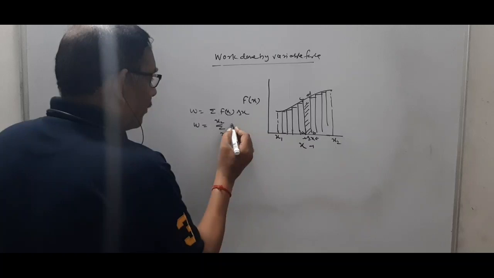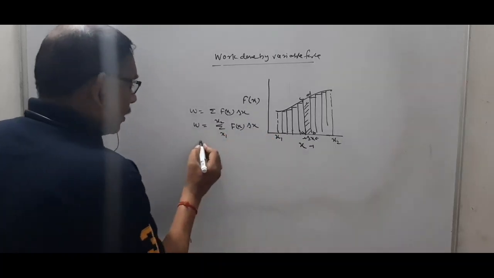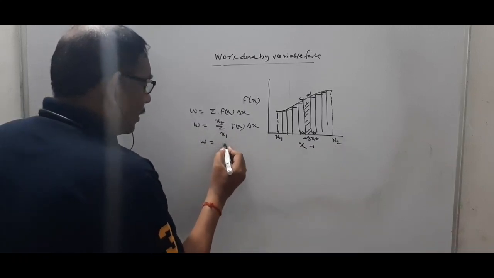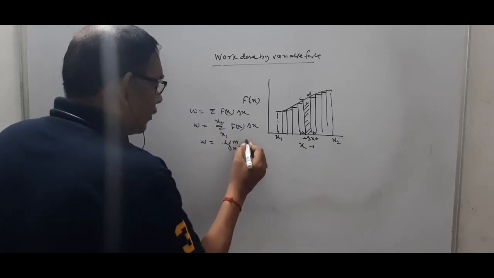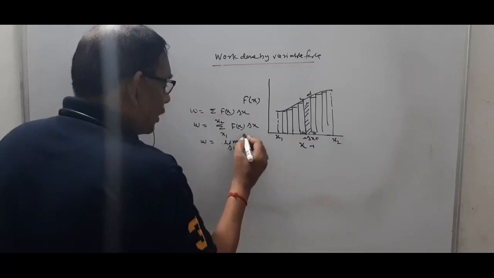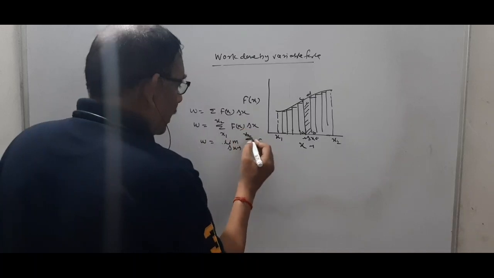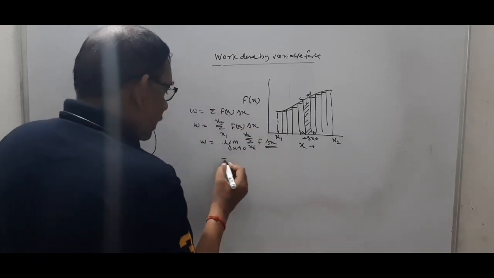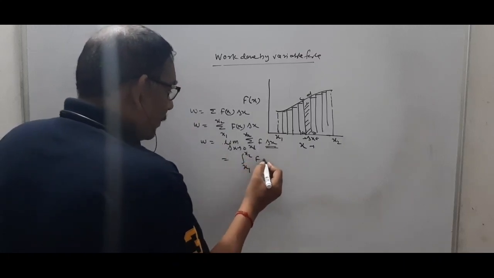Now you take the limit delta x tends to 0, the summation of that from x1 to x2. Similarly, this value converts into the integral from x1 to x2 of F dx.